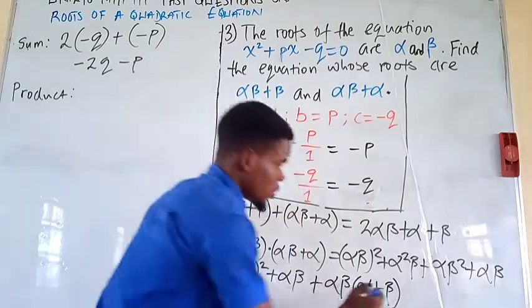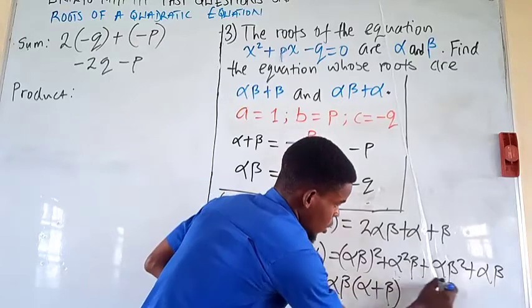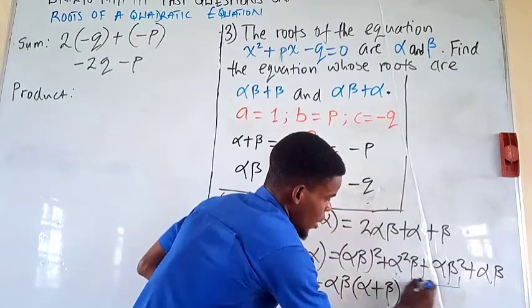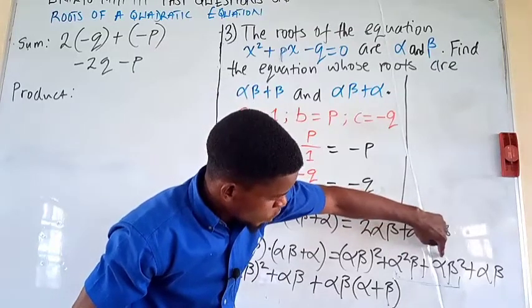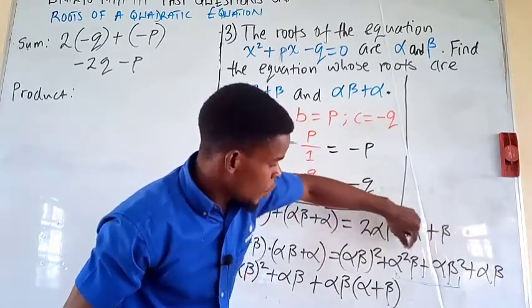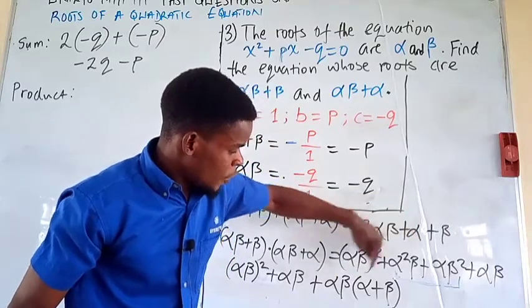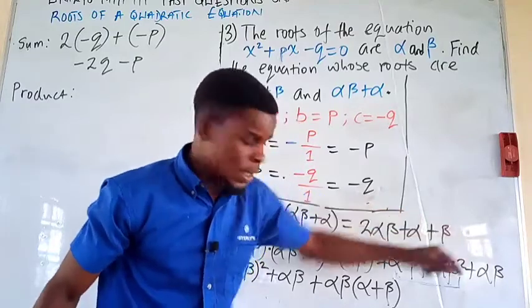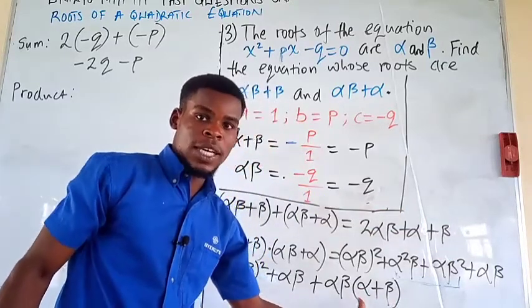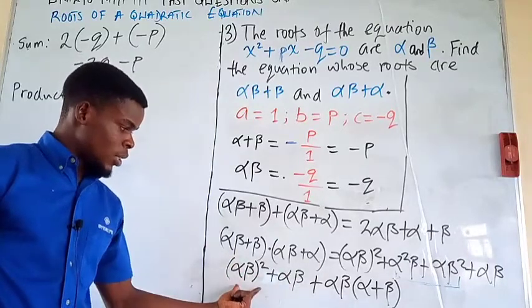So these two terms, by checking them out, alright, we'll see that if we factor alpha from each case, here we'll just be left with beta square. Here we just have single alpha left. And if you factor beta, here beta will be gone, and here beta will just remain single. So that's just what I'm doing. So you can check this out on your own, alright? So just get that. So that means that the product is this.